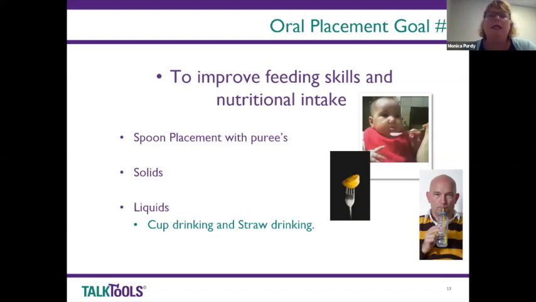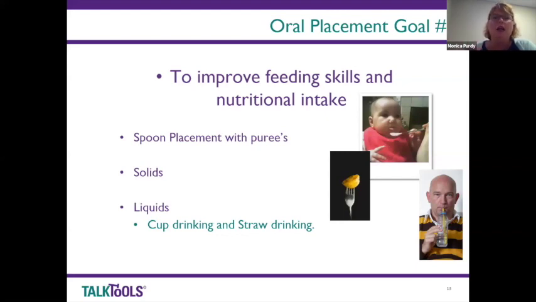I always want to see that child eating, because sometimes children will look like they're chewing, but they're not. They don't have tongue lateralization. The food may be spread out all over their mouth. It may be falling out of their mouth.